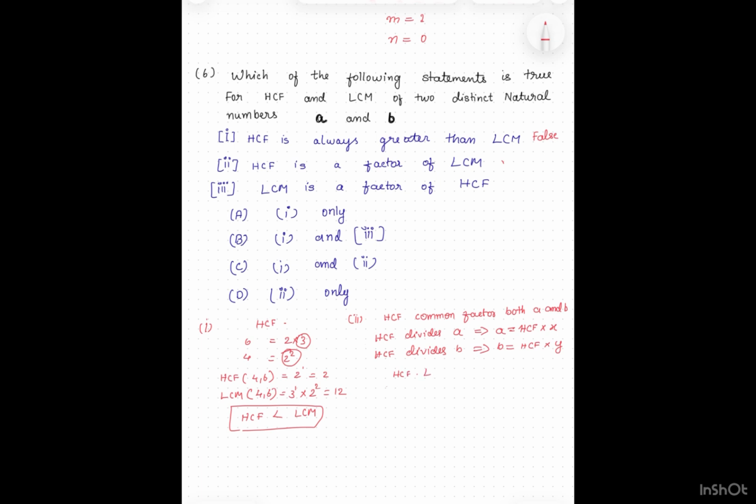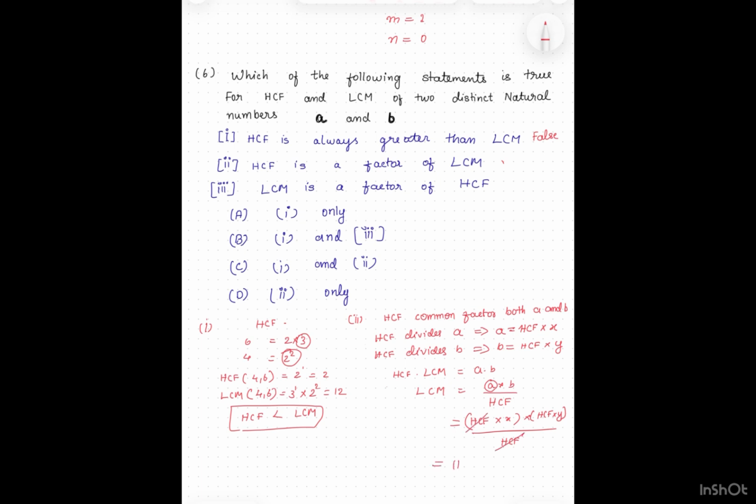We know HCF into LCM of two numbers is equal to A into B, the product of the two numbers. From this, we can say that LCM of A and B is equal to A into B divided by HCF. A can be written as HCF into x, and B can be written as HCF into y, all divided by HCF.